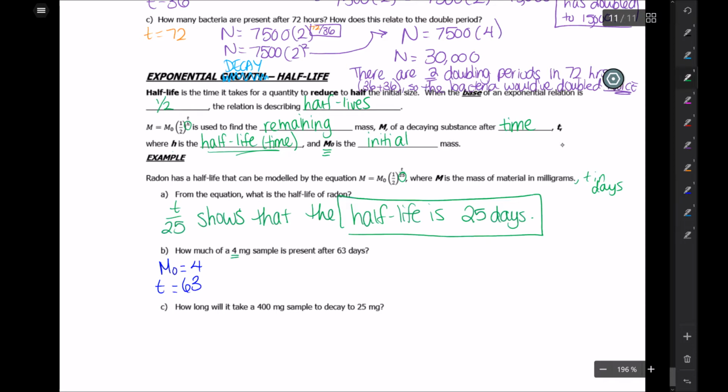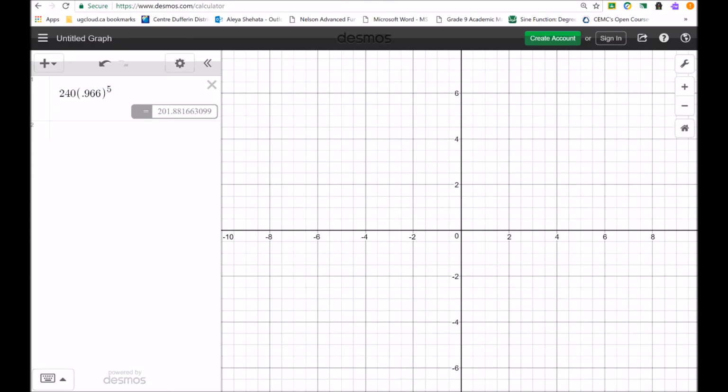So if our equation says m equals m sub 0 of 1/2 to the power of t over 25, we can say m equals 4 times 1/2 to the power of t, the time that's gone by, so 63, and then we always divide that by however long the half-life is, which is 25 days.